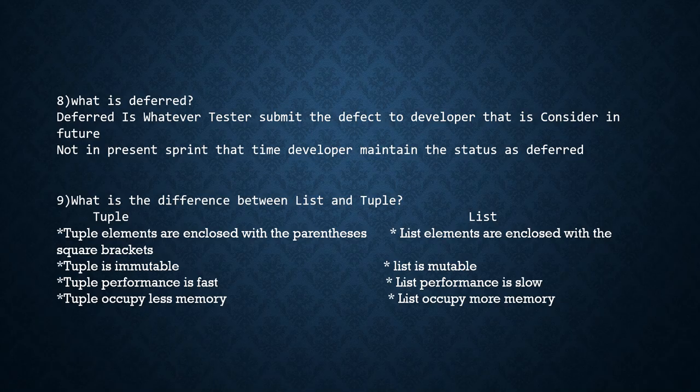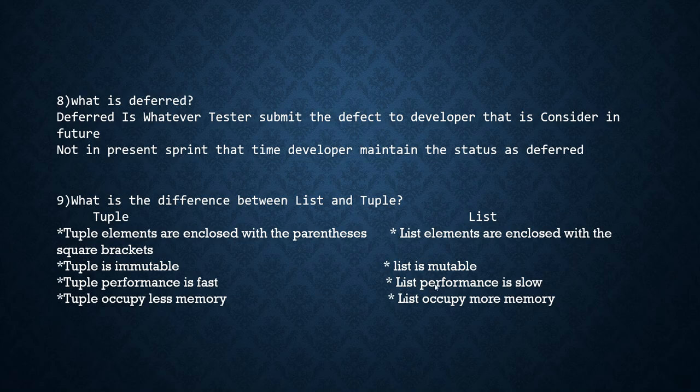Next one is, what is the difference between list and tuple? Tuple elements are enclosed with parentheses, and list elements are enclosed with square brackets. Tuple is immutable, we can't change it. Once the object is created, we can't change the tuple elements. List is mutable.